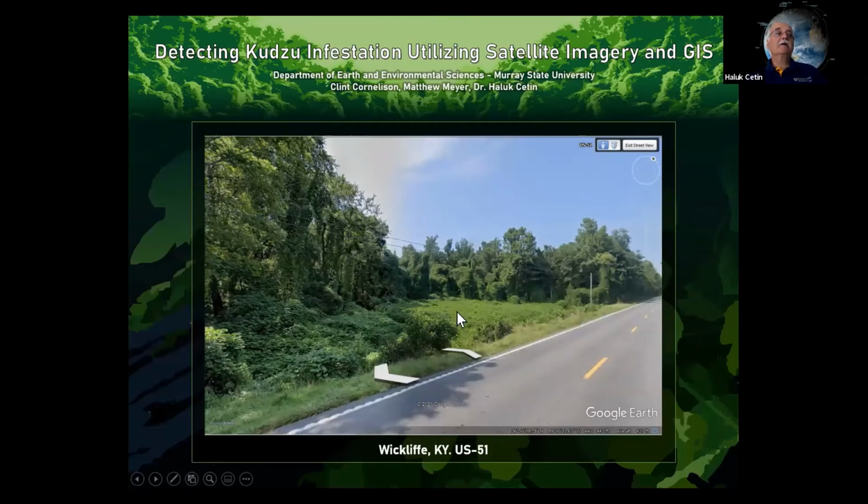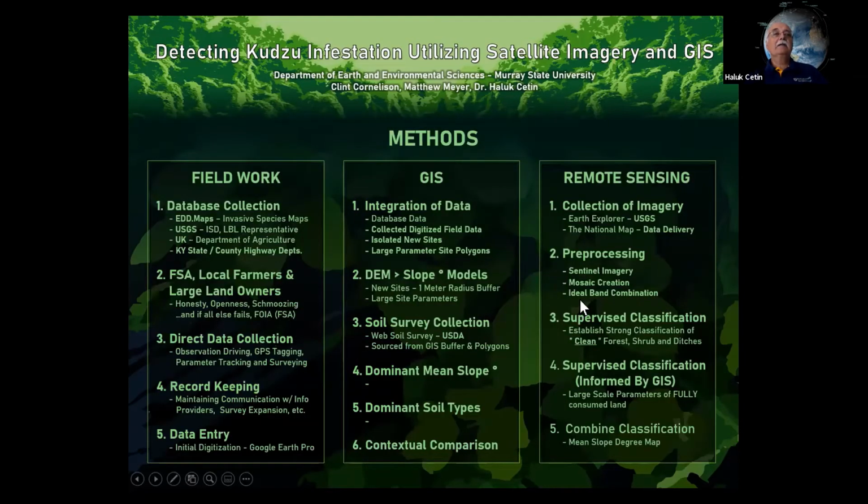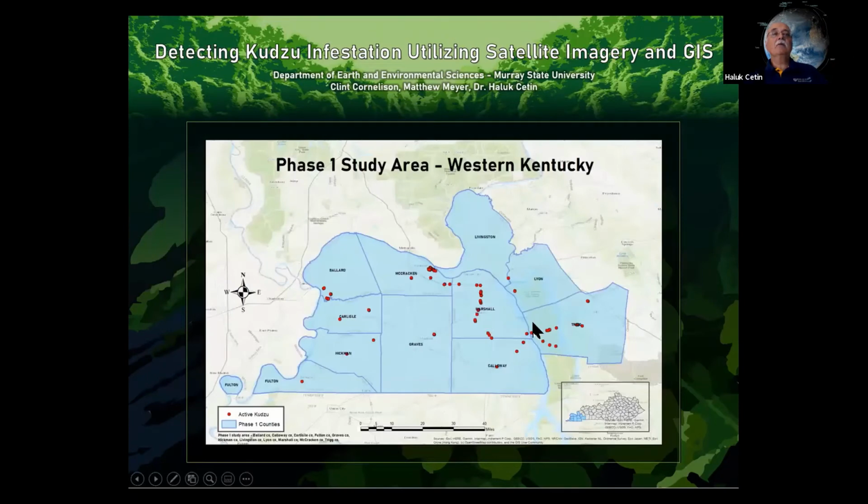Clint got this, I guess, from Google Maps street view. You can see some of the infested areas, and in fact, I collected some photos. I did not have this location, so that's why he included that. Basically, we then focused on Western Kentucky.